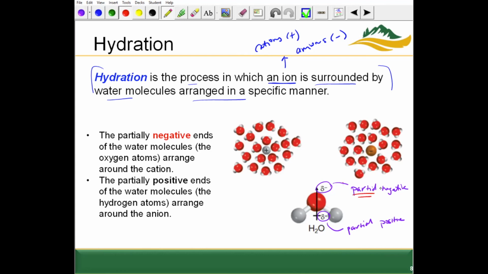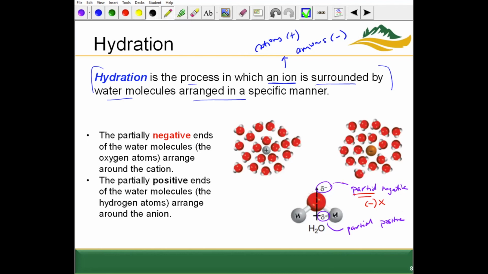So partial is opposed to a full negative charge. It's not a full anion, it has a partial negative charge to it from more electron cloud density surrounded by the oxygen atom. So red is the oxygen, and then these two white spheres are the hydrogen atoms.